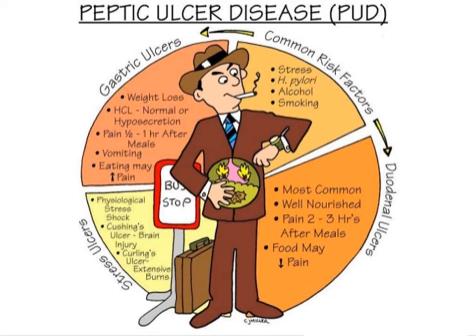In duodenal ulcers, the pain occurs on an empty stomach, while in gastric ulcer, the pain occurs after taking meals. And in duodenal ulcer, the patient gains weight, while in case of gastric ulcer, the patient can come across weight loss.